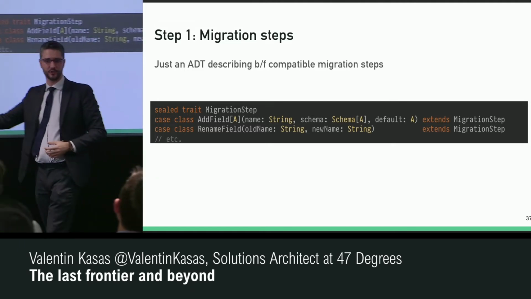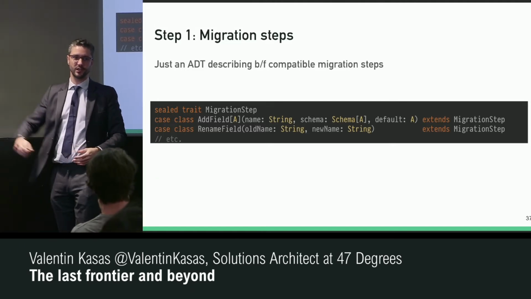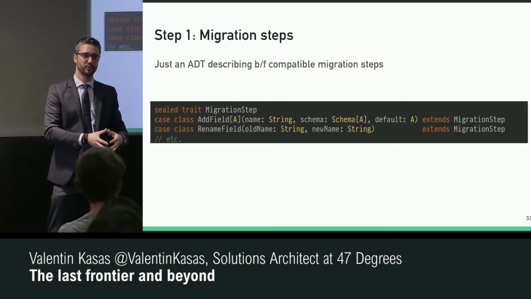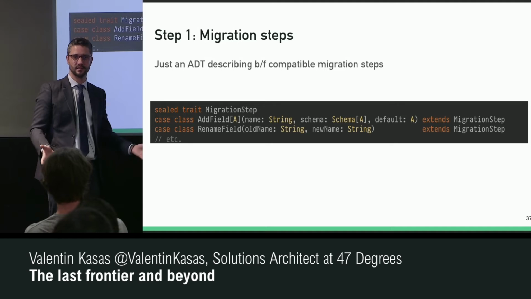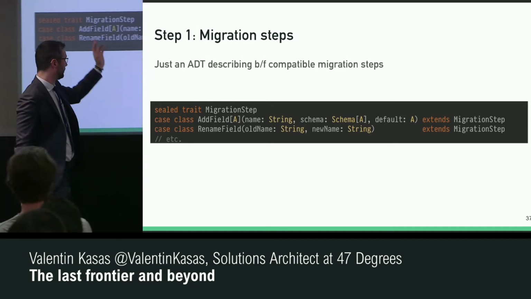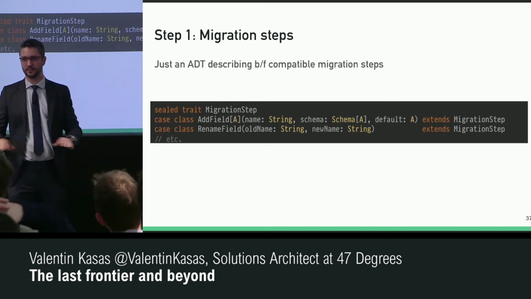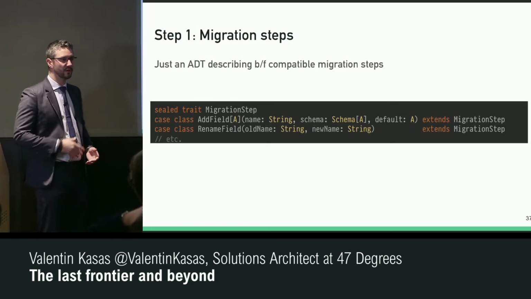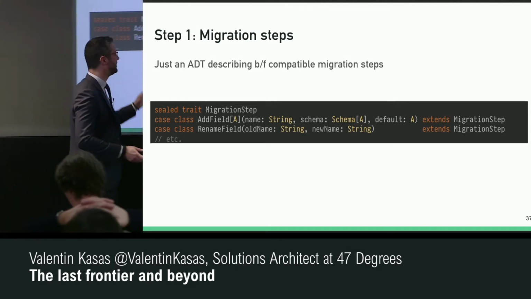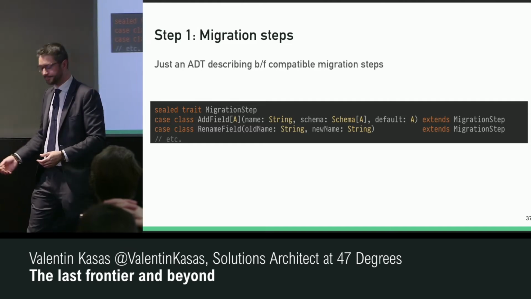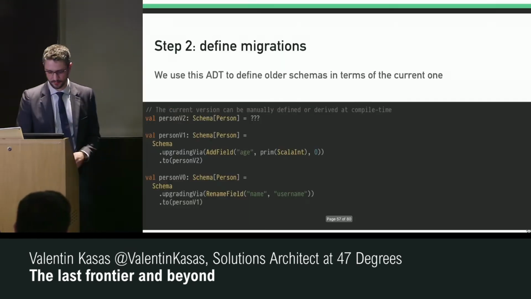Because the old version doesn't have the field, so you have to inject the default value in order to read all messages into your new class that has this new field. For example, adding a field without a default value is not allowed because you'll break backward compatibility for sure. You can rename fields, provided that the new name is not already used in the record, and so on and so forth. That's the simple part.